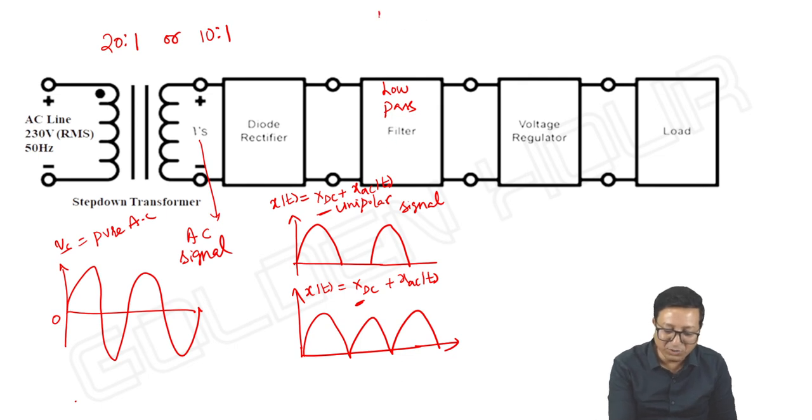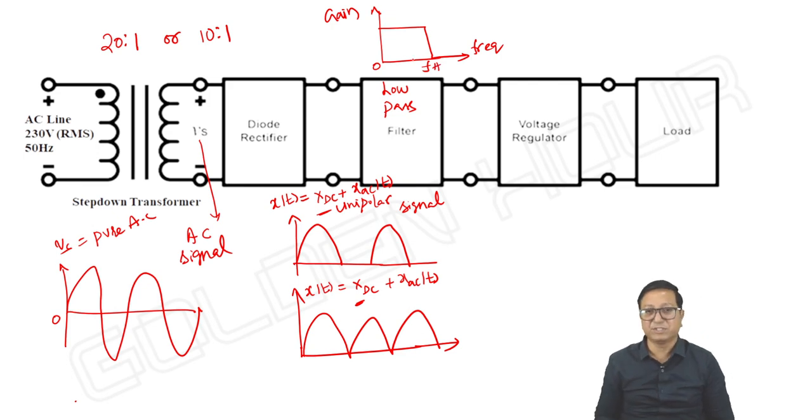If you take a low pass filter whose frequency response is like this, gain versus frequency, it is allowing all frequencies from 0 to FH. It has some upper cutoff frequency, and I am using here a low pass filter with a very low bandwidth, as small as possible, so that it gives the best possible DC at the output, so that we can suppress the unwanted AC component.